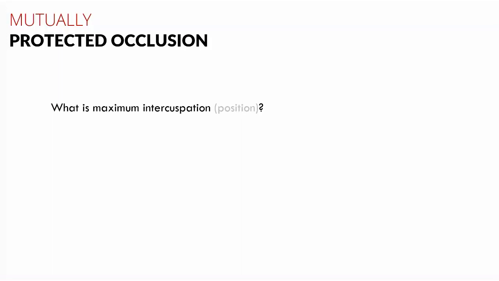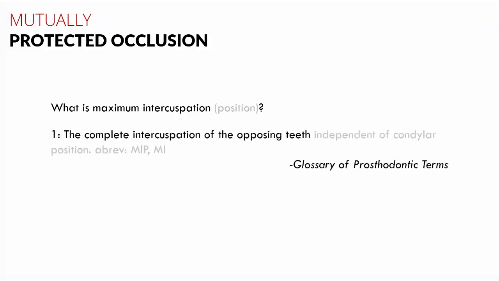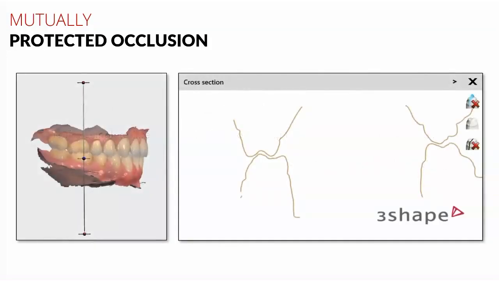So a lot of these words, like you know what maximum means, you may know what intercuspation means, but some of these terms carry a very specific or narrow definition and meaning when you're talking to other dentists, okay? So let's define this. It's the complete intercuspation of the opposing teeth. It's kind of funny is they use the same word to define the word, right? So it's like, well, what's intercuspation? Well, it intercuspates, right?